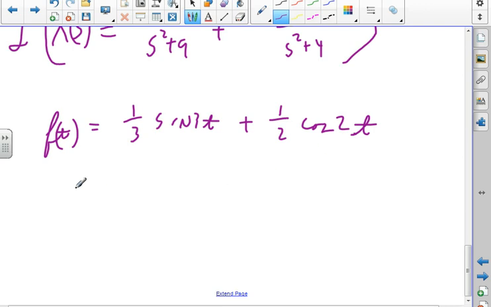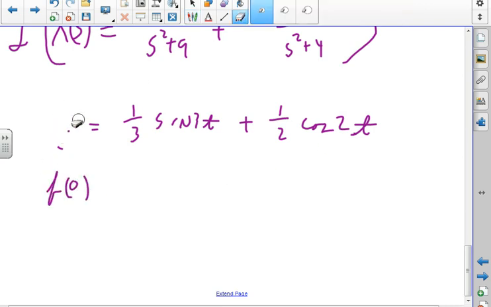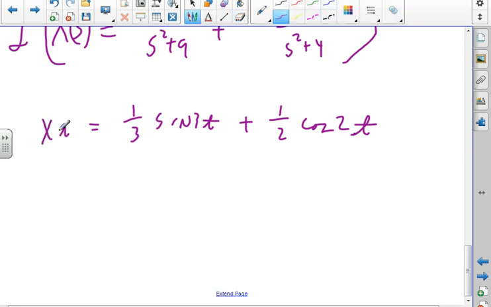What is f at 0? This is x of t. What's x at 0? X at 0 is 1/2, right? Is that our initial condition? No, x at 0 is supposed to be 0.